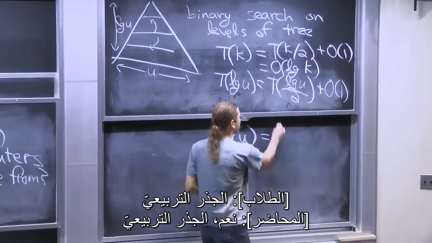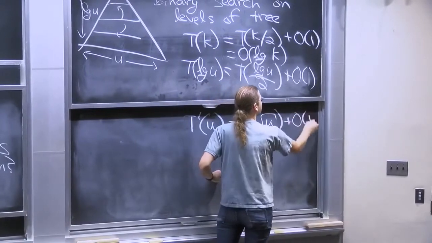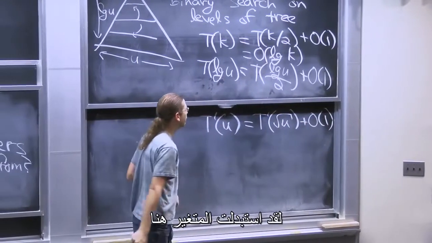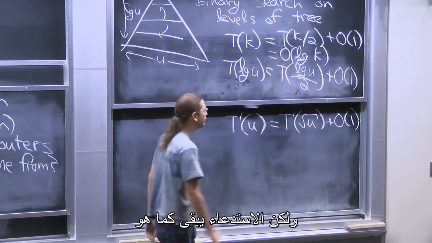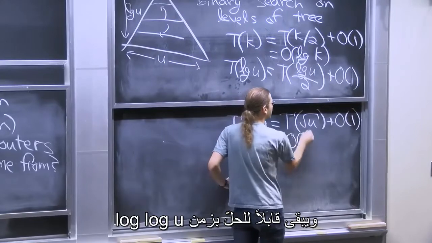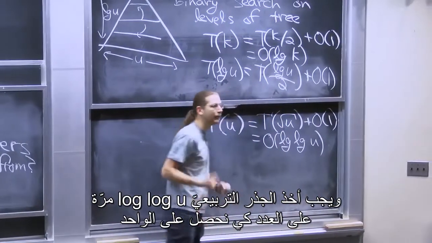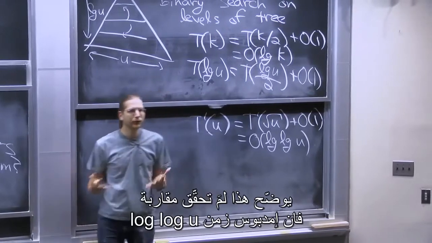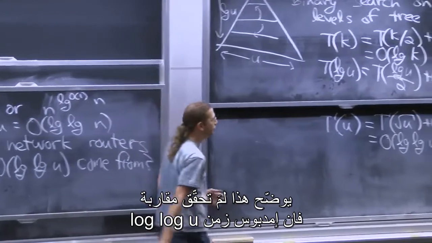Square root. Okay, so I've changed what the variable is here, but this is really the same recurrence. We'll still solve to log u. The number of times you have to apply square root to a number to get to 1 is log u. So this is some more intuition for how Van Emde Boas is going to achieve log u.